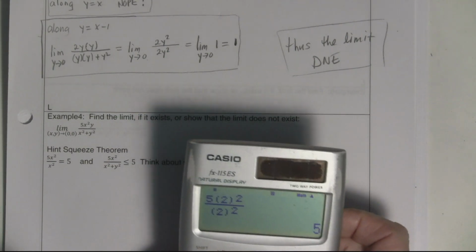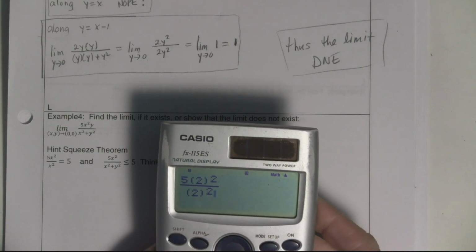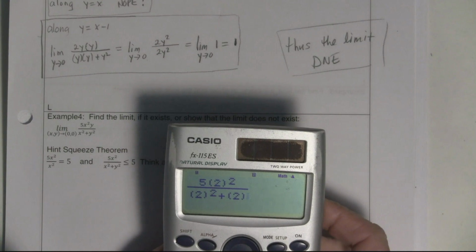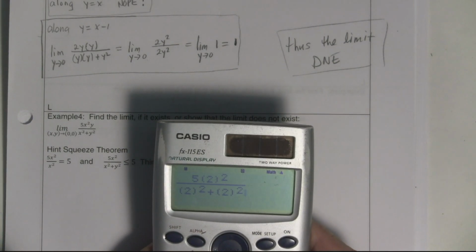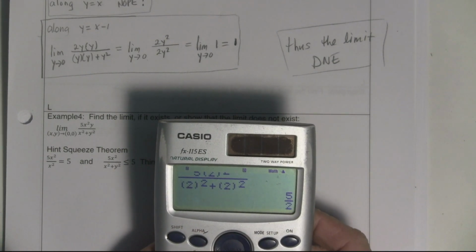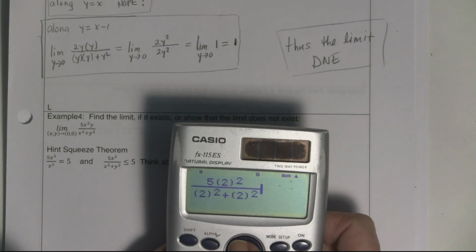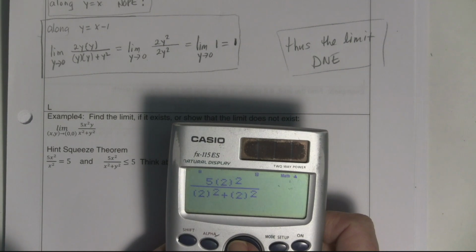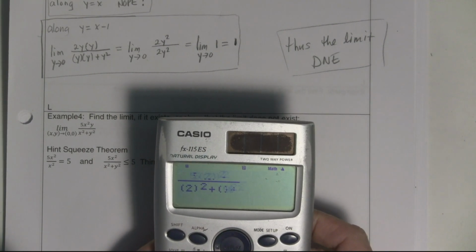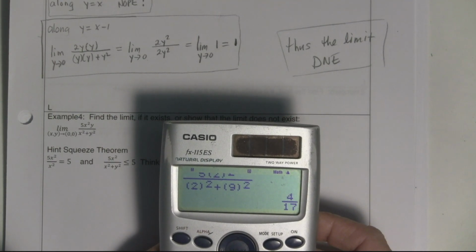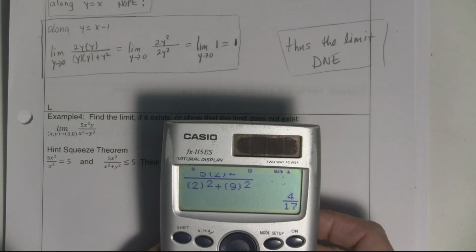So I'm getting 5. And now if I add some y squared, no matter what y squared is, that's 2.5, right? No matter what y squared is, maybe I'll let it be 9. 14 over 17, that's considerably under 1, right?